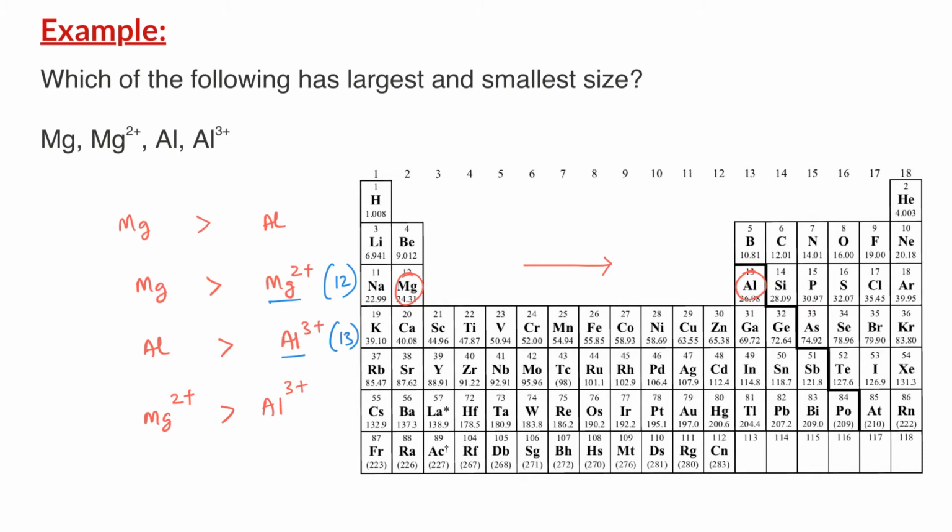So overall, we can write atomic radius of magnesium is greater than that of aluminum, and the radius of aluminum is greater than the radius of aluminum 3+. Magnesium 2+ is larger than aluminum 3+ and smaller than magnesium. So it falls somewhere in the middle of magnesium and aluminum 3+.